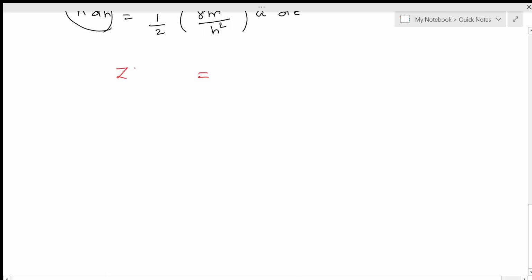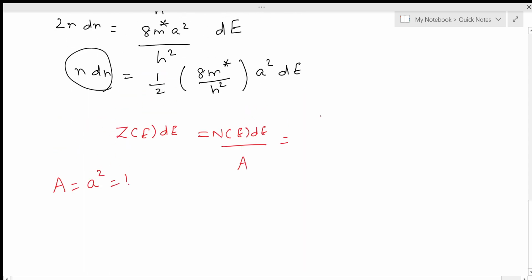Density of energy states can be defined as the number of available energy states per unit area. Therefore, area should be taken as unity in this expression. So, we have pi by 2 n dn divided by a.